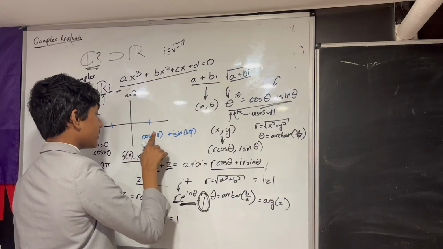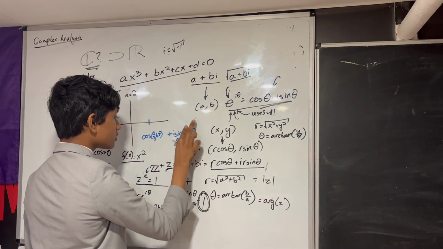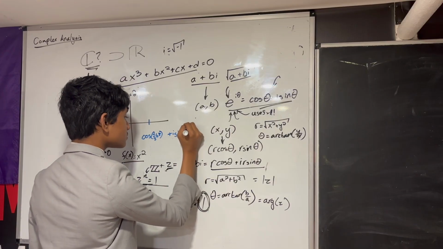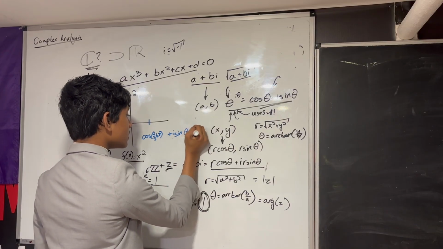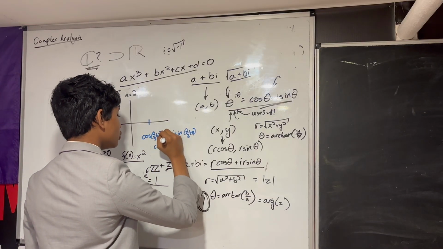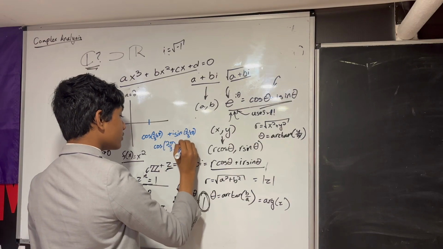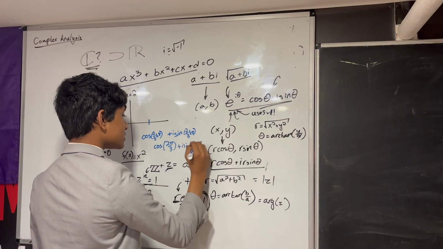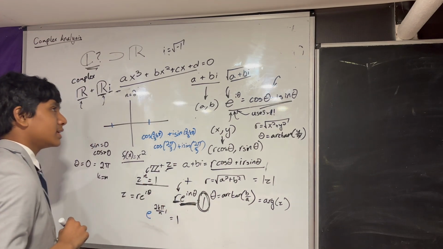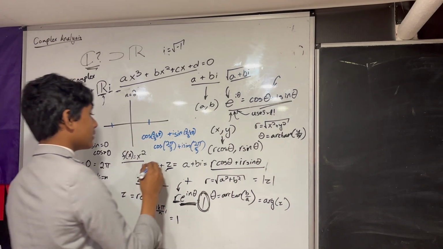Now let's try 3. So that's going to give us 2/3 k pi. Now you plug in 1 again, and you get cosine 2 pi over 3 plus i sine 2 pi over 3. Unfortunately, my brain only works in degrees, so I have to convert it to 120.